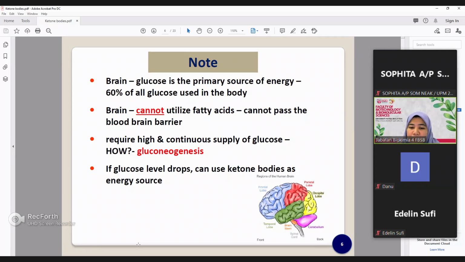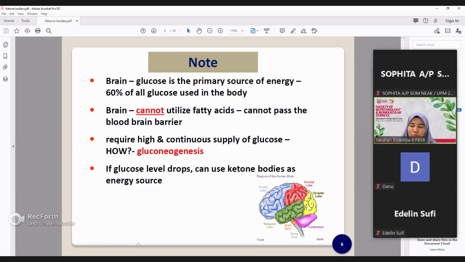When there is no more glucose from glycolysis, gluconeogenesis comes in to help supply glucose. But if the level of glucose still drops, the brain can utilize ketone bodies as an energy source.